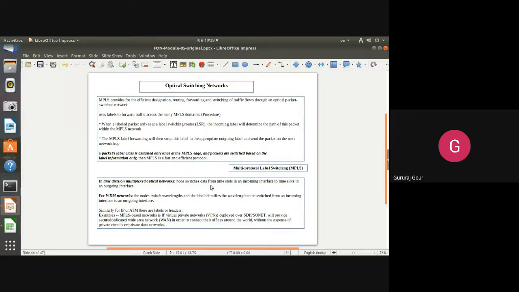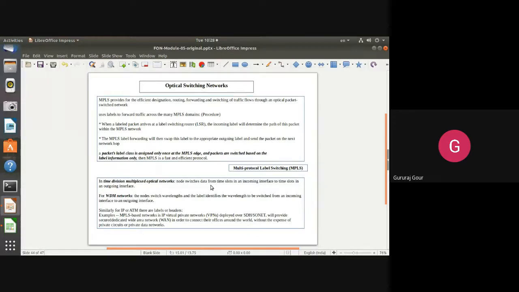Similarly, for IP or ATM, some labels or headers are used. For example, in MPLS based networks, an IP virtual private network, VPN, is deployed over SDH.